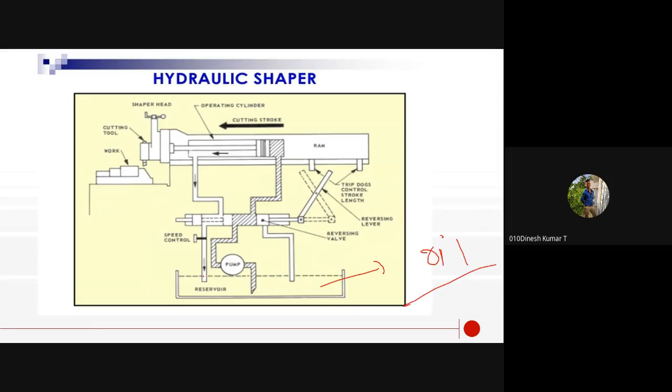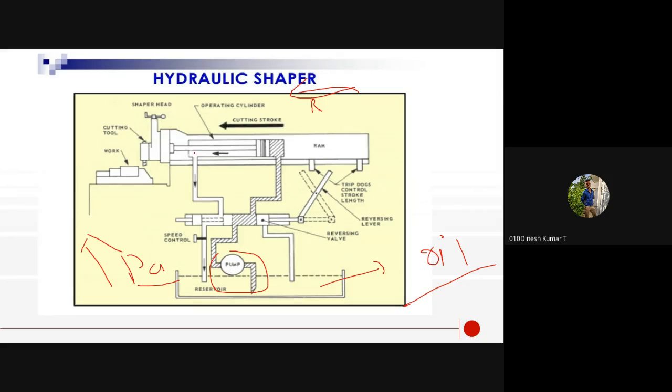The oil is sucked by the pump at high pressure and goes to the right hand side of the cylinder, where under high pressure the forward stroke is performed.